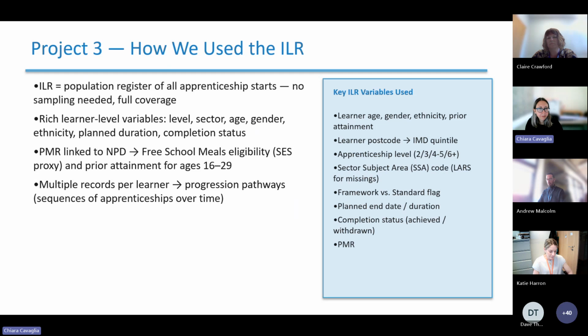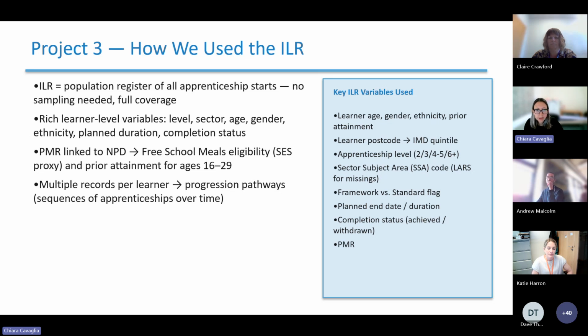And we basically only used apprenticeships. So we used again the prog type variable to identify apprenticeships. And we made sure that we could link learners over time in order to see the progression pathways and to see whether a person starting on an apprenticeship of a certain level was able to progress over time.